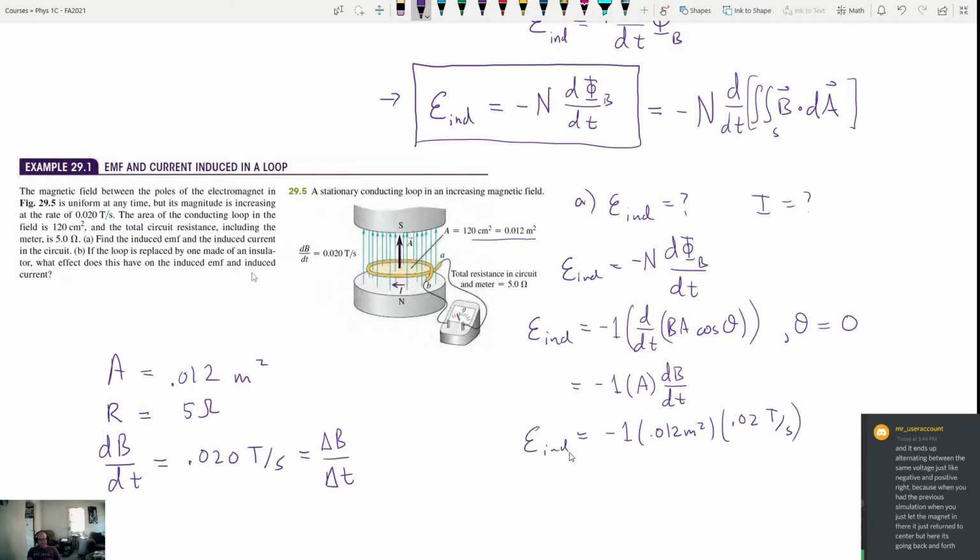That's the induced EMF. So our induced EMF in this case is going to be something like this. Is that right? You all tell me. Is it negative 4?